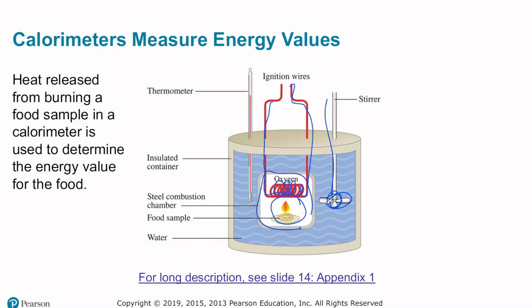The ignition wires heat the sample, and the food is ignited and burned, and the heat that's given off by the burning of the sample heats the water and increases the temperature, which can be measured by a manual reading thermometer, like an analog thermometer, or in newer versions, there's a computer attached which can measure the change in temperature. This change in temperature can be used to calculate the energy value for the food.